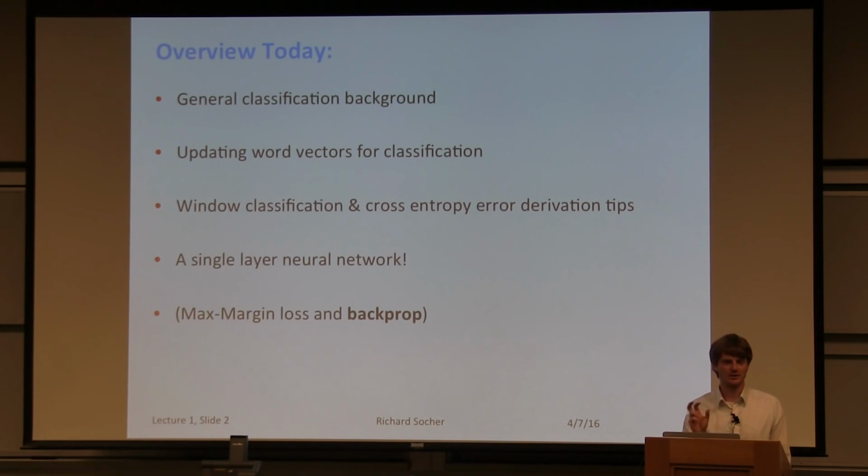We try to time the lectures usually in a way such that once the problem set comes out, you should be able to get started on it. But the problem set has many neural network related questions, and we are only doing neural network now, right? So that's true, but you can already get started because some parts of it only require word vector learning, and those you can already get started with, and then the second part of the problem set is something you'll learn about today and next week.